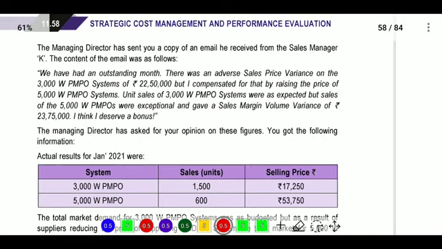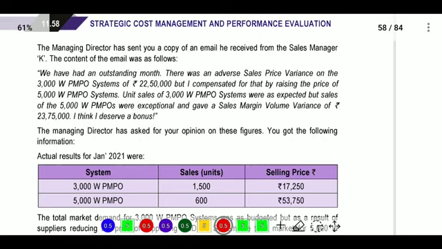So we have an adverse variance of 22,50,000, but I compensated for that by raising the price of 5,000 W PMPO systems. Unit sales of 3000 W PMPO: 2250 divided by 3000 we will get 750.